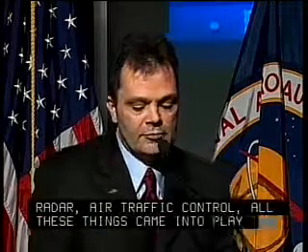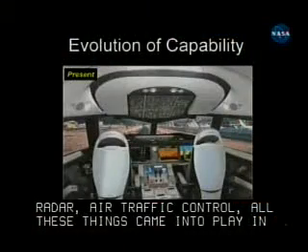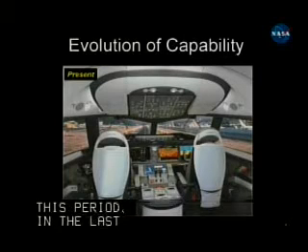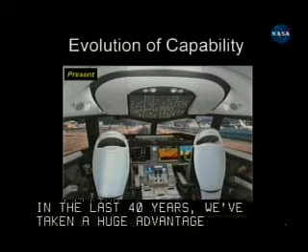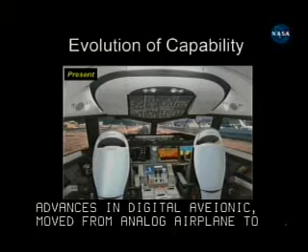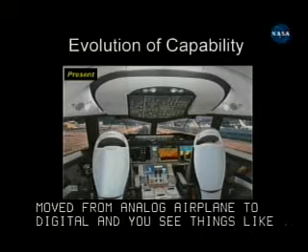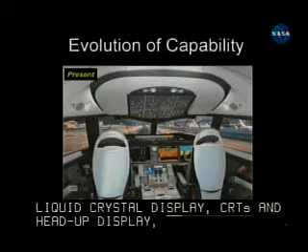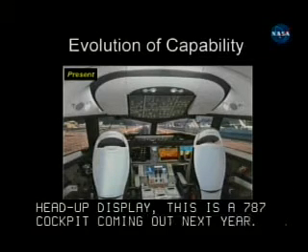In the last 40 years, basically what we've done is take huge advantage of advances in digital avionics. We moved from an analog airplane to digital, and you see things like liquid crystal displays, CRTs, and head-up displays. This is actually the 787 cockpit that's coming out next year. So a lot of capability was added, and we got to the point pretty much where you could argue we are independent of visibility condition.